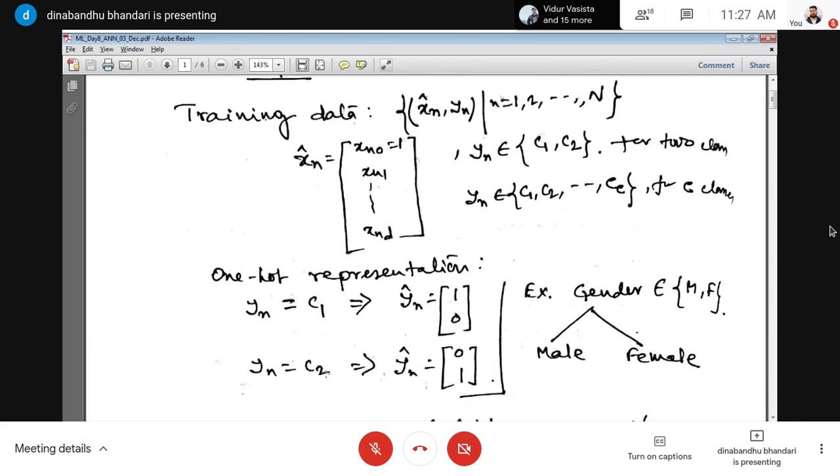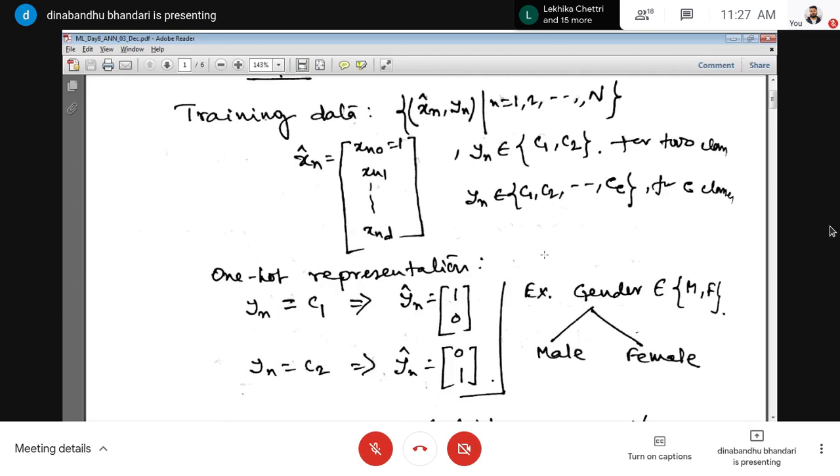And that person is female, that is in class 2, then the male component of that particular object is 0 and the female component is 1. This is one hot representation. That means if you have, say, C different values, you have to have YN1, YN2 up to YNC, and depending on the class it belongs to, that particular component will be 1, remaining components will be 0.